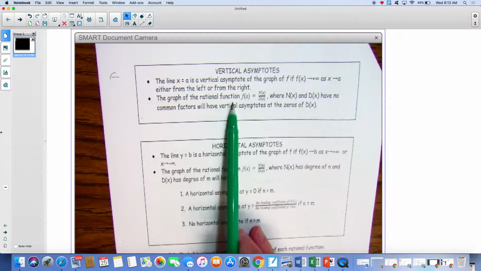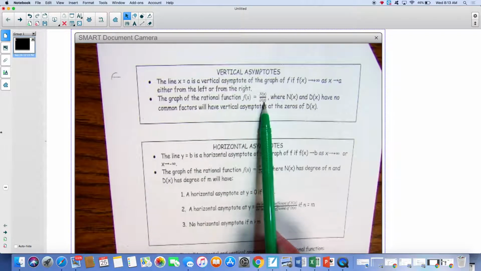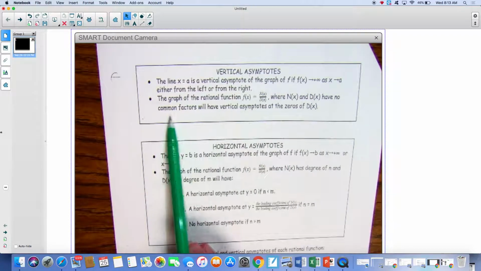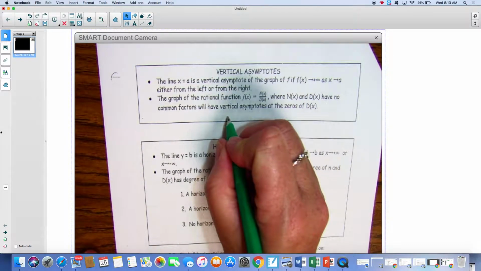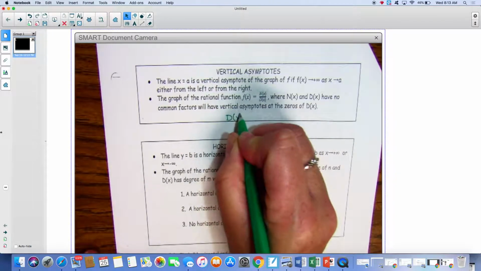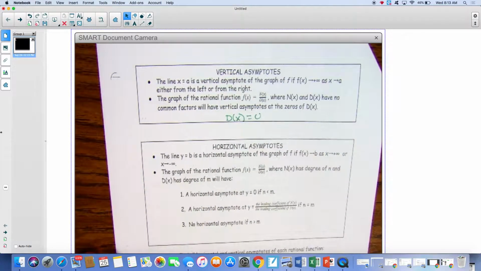The graph of this rational function, N(x) over D(x), where N(x) and D(x) have no common factors, that's important, no common factors, will have a vertical asymptote when D(x) equals 0. When your denominator is 0, we're going to have vertical asymptotes. This shows up in calculus. Horizontal asymptotes will show up in calculus.